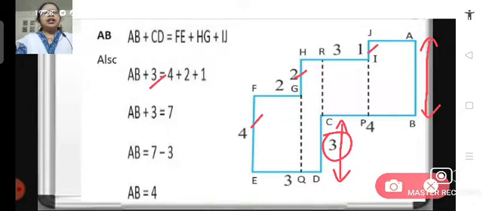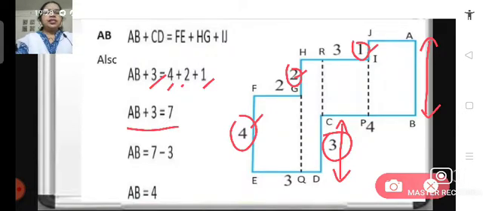So we have put CD here. FE also we know it is given 4. HG is 2. GH is 2, it is given. So 2 here, and IJ is 1. So 1 here. So it becomes AB plus 3 is equal to 7. So what will be AB? It will be 7 minus 3, that means 4. So AB will be equal to 4 centimeters.